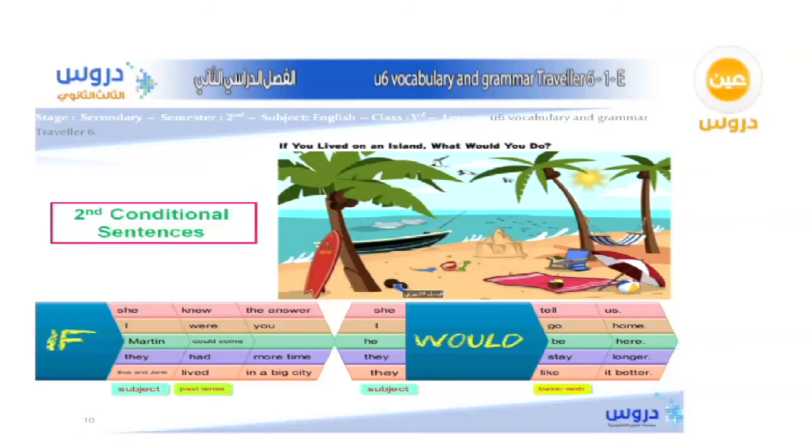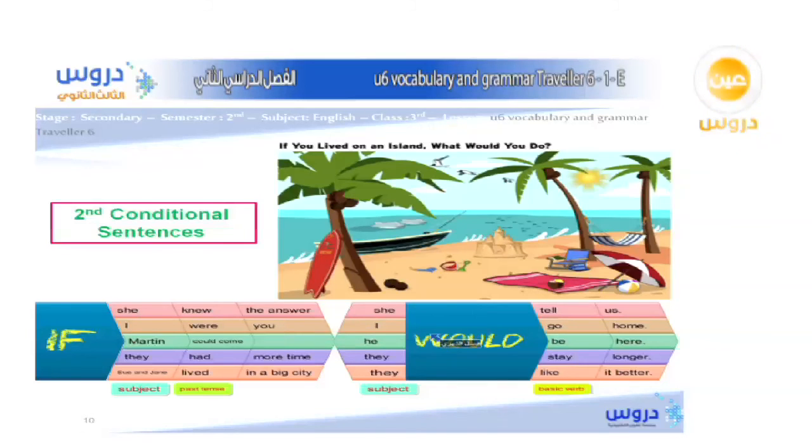The second conditional sentences. Now, you can see the if clause structure: if she knew the answer, she would tell us. Now, what can you notice here, Jamila? In the main clause in the second conditional sentence, after the subject, we are using would.